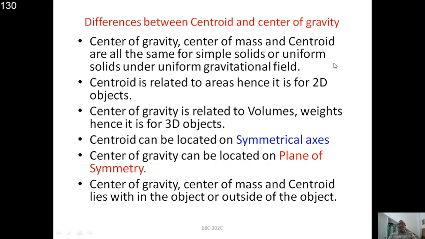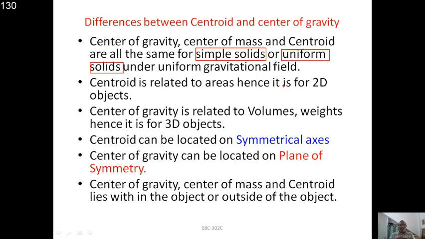And we also see center of gravity and center of mass. When is the centroid equivalent to the center of mass? If it is a simple solid and a uniform solid. That means the third dimension, which is other than the centroidal axis, is uniform throughout its length.